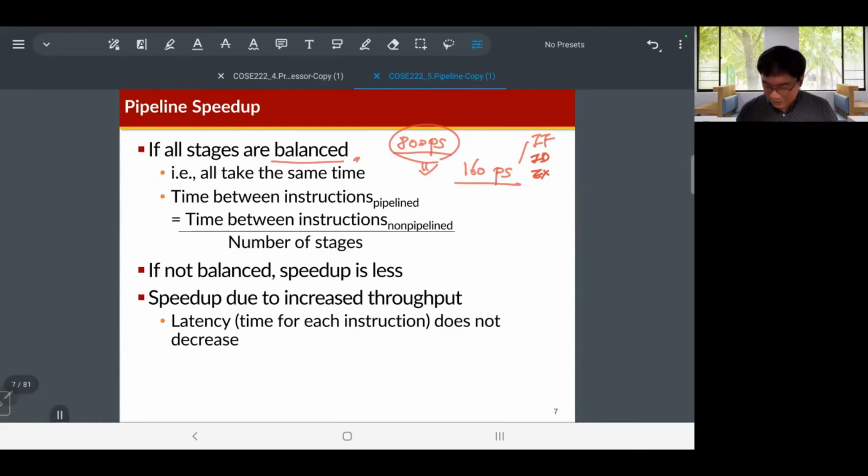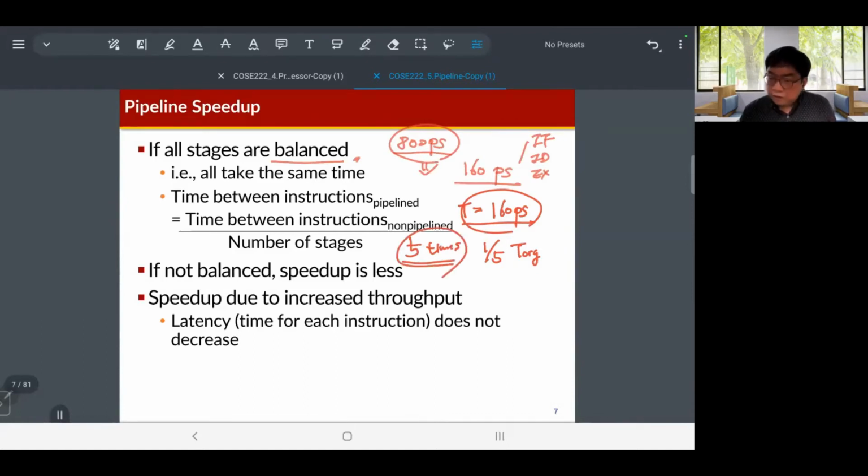So then we can set the clock period of the pipeline architecture as 160 picosecond, which is 1/5 of the single clock period of the single cycle processor. So the speed up of this pipeline processor is 5 times.